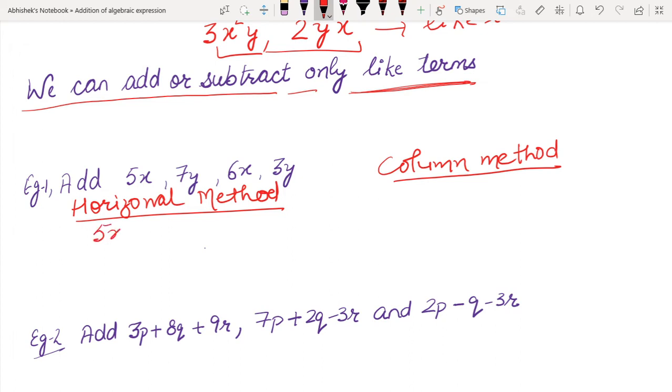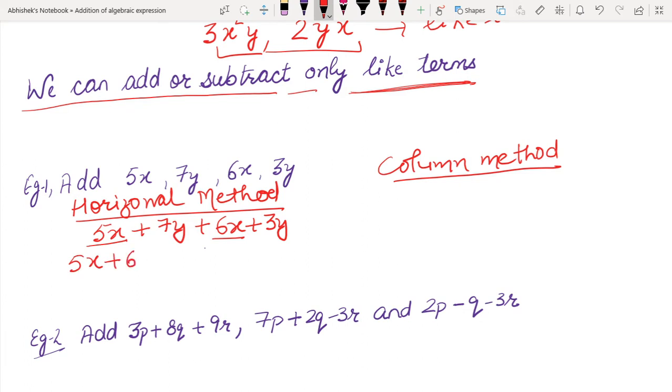In the horizontal method, all the expressions are written in a horizontal line. The terms are arranged to collect the group of like terms. So just select the like terms.